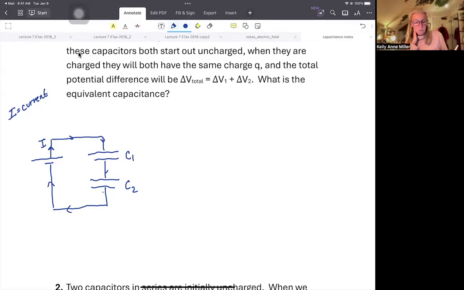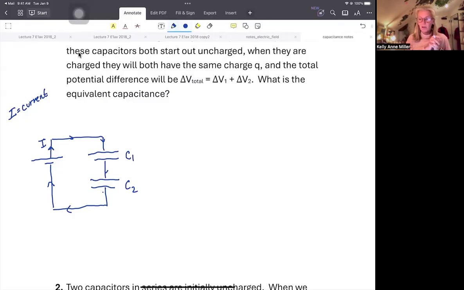A series configuration is defined by the fact that all of the current that goes through one component goes through the other. There's not a branching like there is with parallel. Again, this part is not as important. We'll go over all of this next week, but just know that this is what two capacitors connected in series look like.